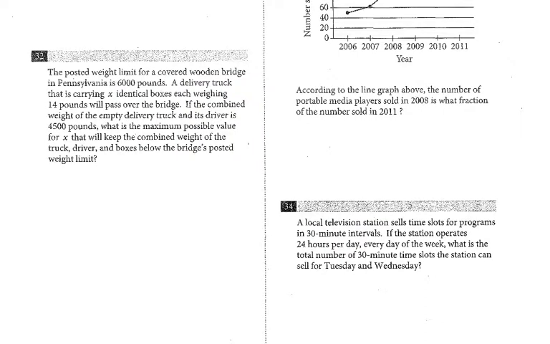We know the posted weight limit for a covered wooden bridge is 6,000 pounds. And also we know that the empty delivery truck and its driver is 4,500 pounds.